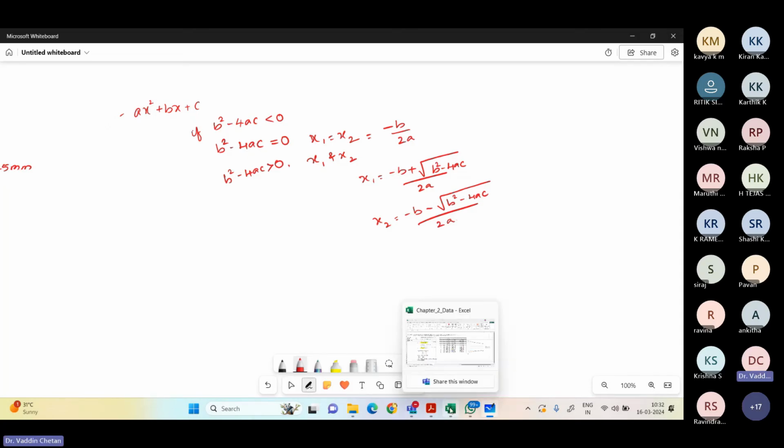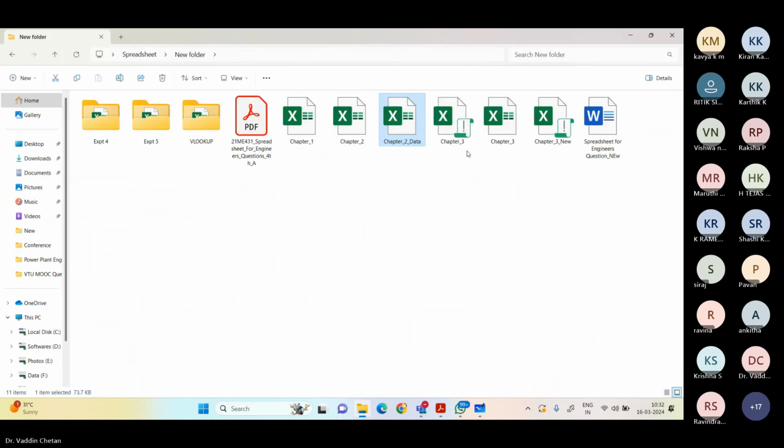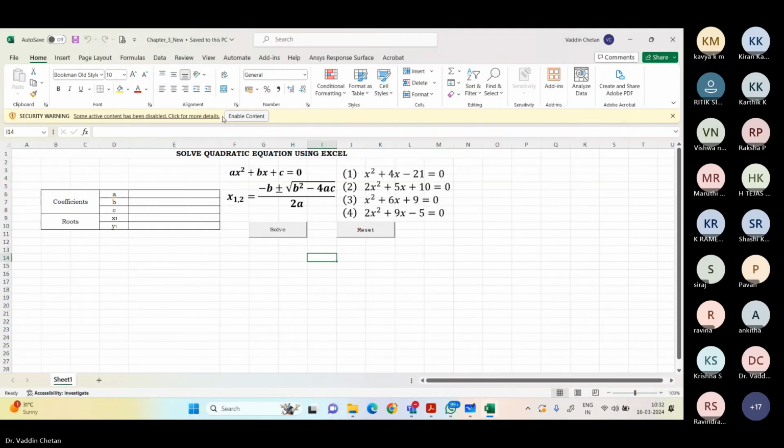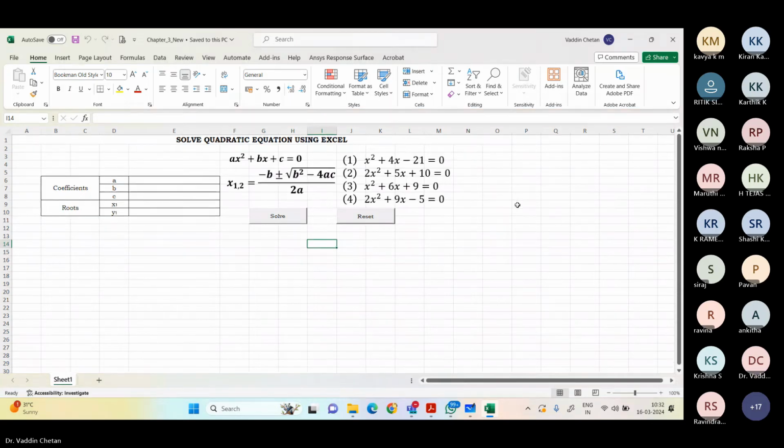So for that, let me close this below. For that, I have created one, and we need to write a macro code for that, by using VB, right?